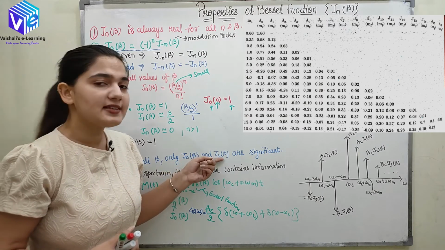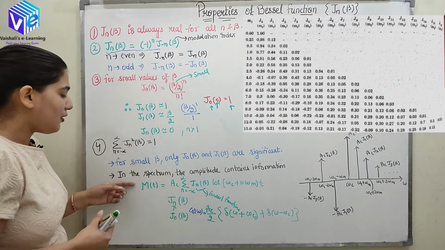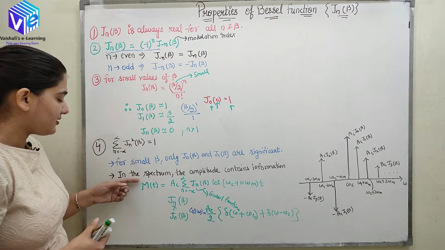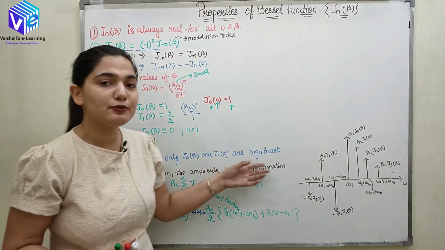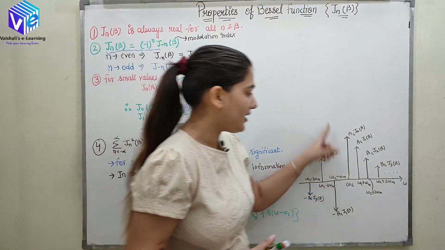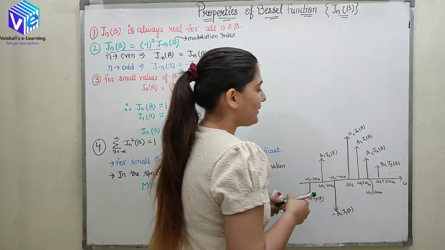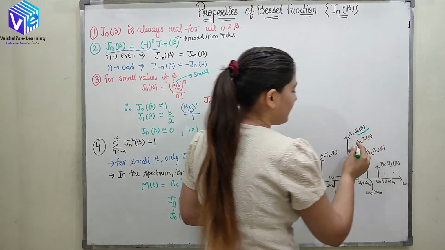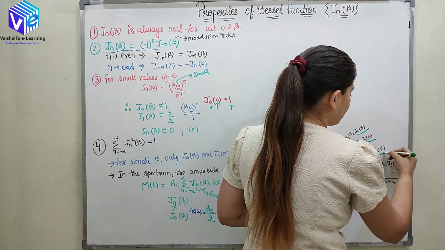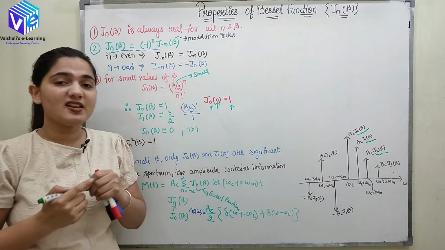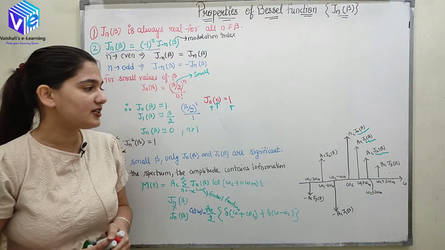So I have one sideband only here. The next conclusion is that in the spectrum the amplitude contains the information. Here you can see the amplitude is J0 of beta. Here it's a function of J1 of beta, J2 of beta. So the Bessel function is containing the information.